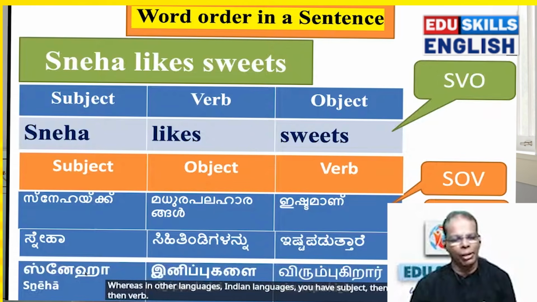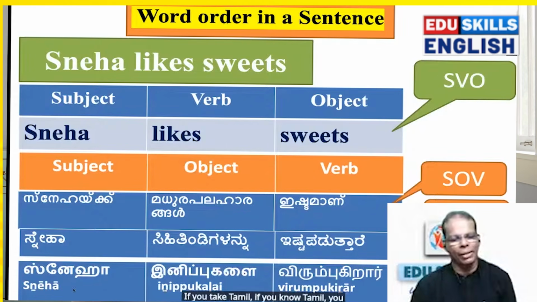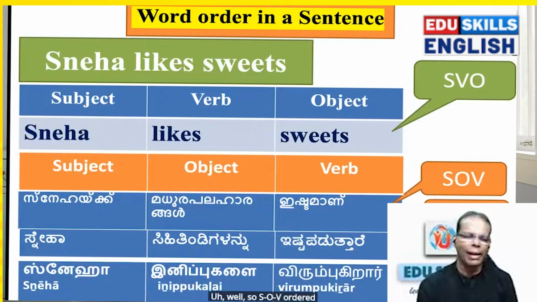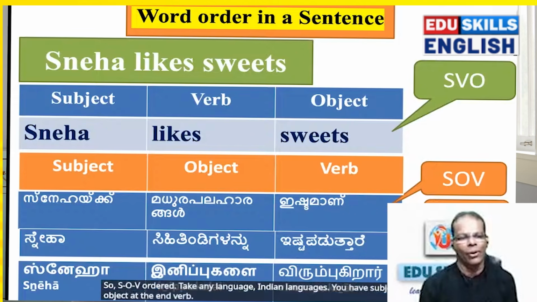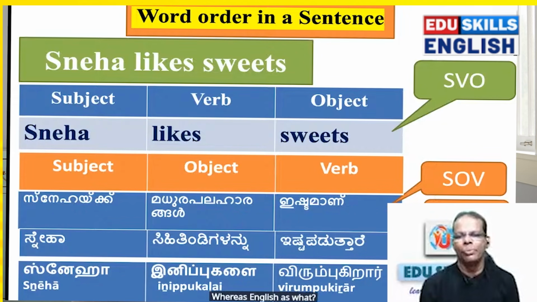You take any Indian language, you have subject, then object, at the end verb. Whereas English has subject, verb, object, or SVO order.